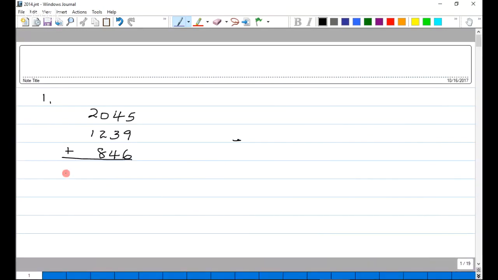All right, so let's go to some more questions now. Here we have an addition problem, 2045 plus 1239 plus 846. Work that out and tell it to me, please.